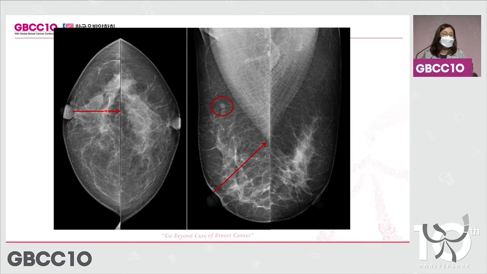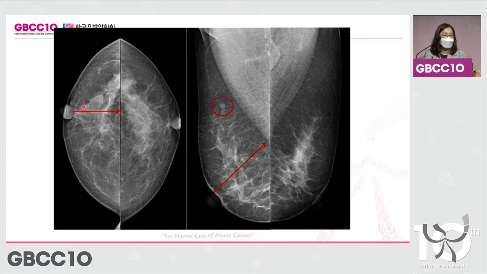If the posterior nipple line difference is bigger than 1 centimeter, in some instances the image will not include the areas that need to be included. Since the compressor is coming down from the top, people tend to draw back a little, and in the CC view, compared to the MLO view, the breast tissue is less included.